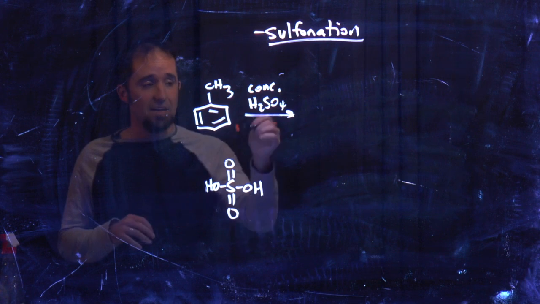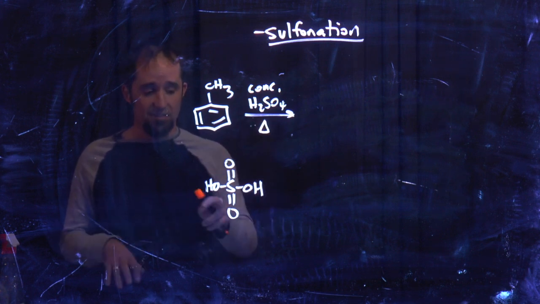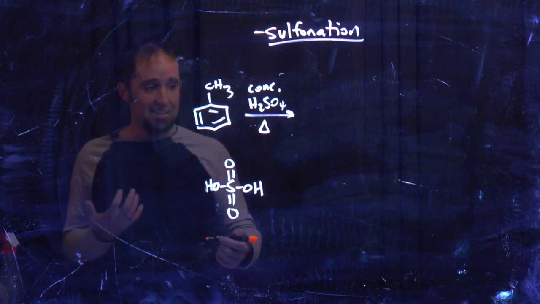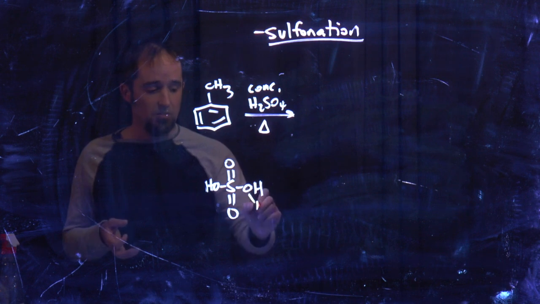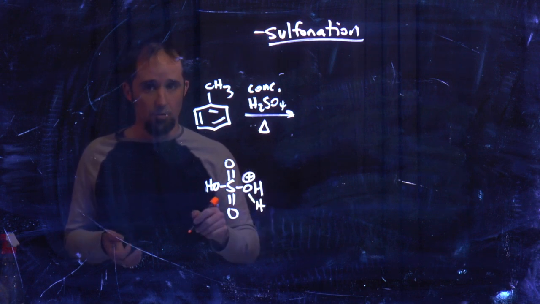I'm going to give it concentrated sulfuric acid, and I'm going to heat it up. Now, this is sulfuric acid. So it's nobody's base, but a lot of times, or sometimes, it can get protonated by another molecule of itself. When that happens, now I have a leaving group.